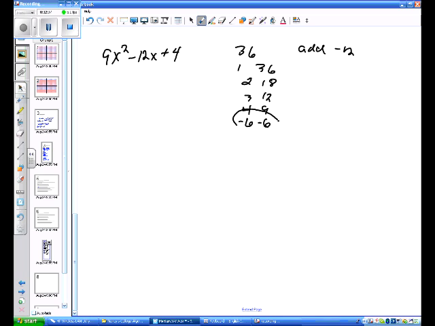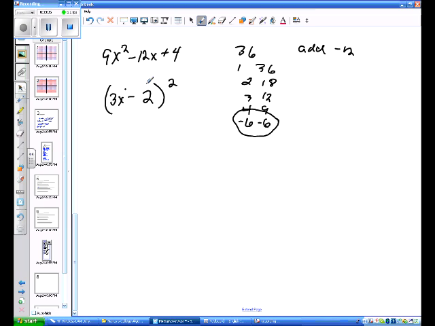When the factors are the same, what that tells us is that this is a binomial squared. So we can ask ourselves, what squared is 9x squared? Well, 3x. And then it's going to be a minus because it's a minus there. And what squared is 4? 2.